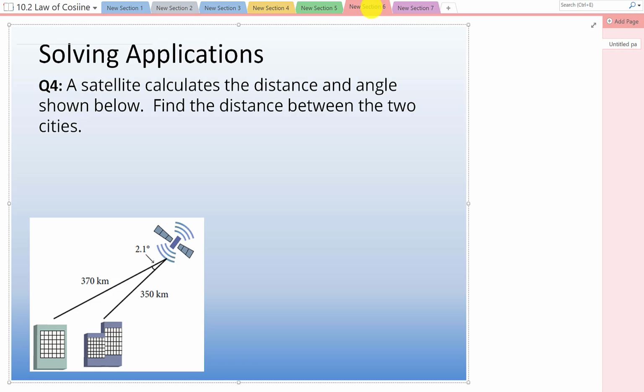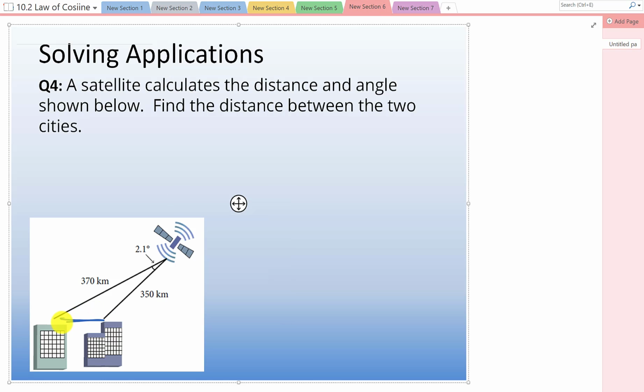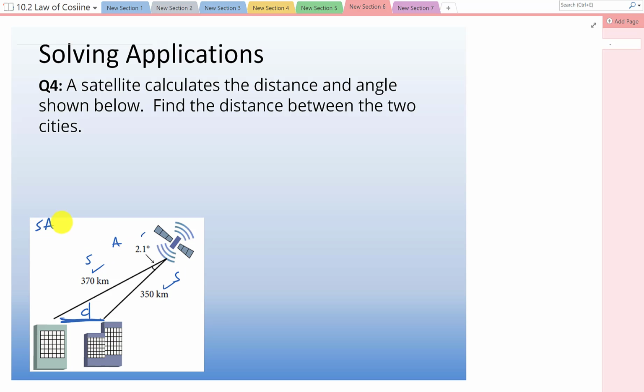We're supposed to find the distance between the two buildings. So we actually have a triangle here. I know a distance, and an angle. This is side, angle, side. So side, angle, side is solvable by the law of cosine.